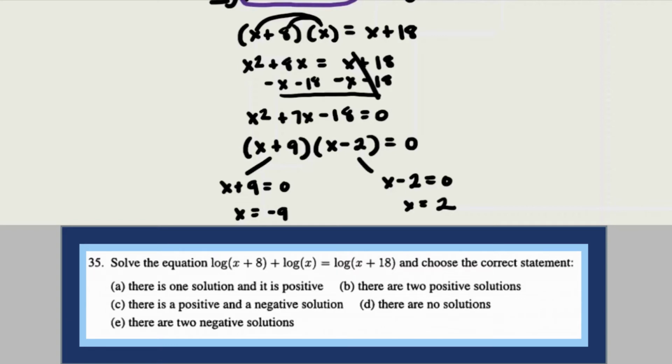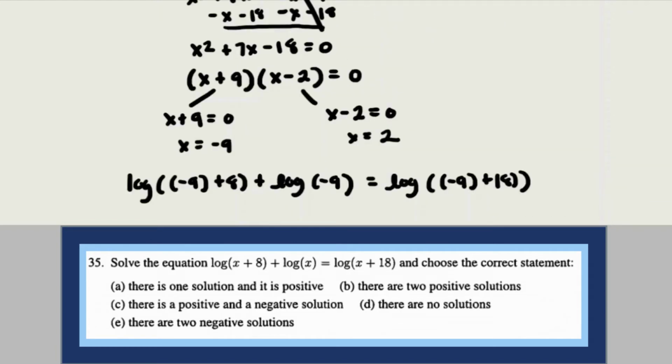So we're going to plug in negative 9 first into our logarithm expression. Okay, so we plug in negative 9, so what we're going to do is just evaluate that on our calculator and see what we get. So we're going to do negative 9 plus 8 plus log of negative 9. And as you see, when we do that, right off the bat, we don't even have to solve for the other side because you get a domain error on your calculator.